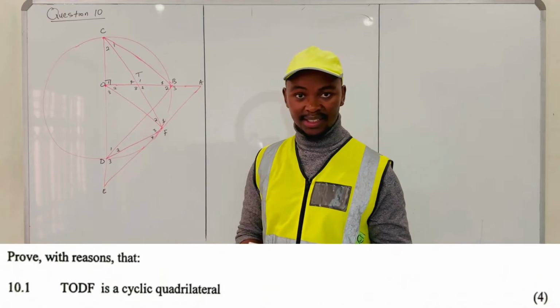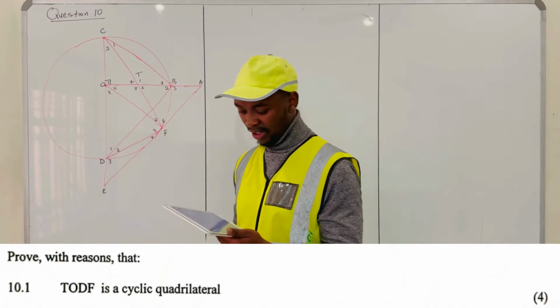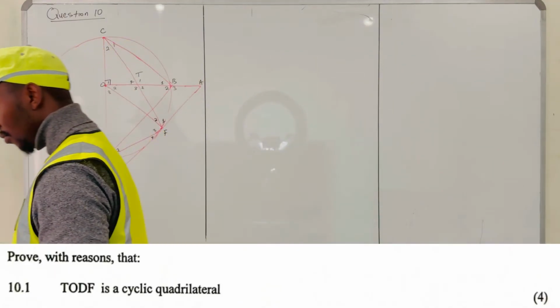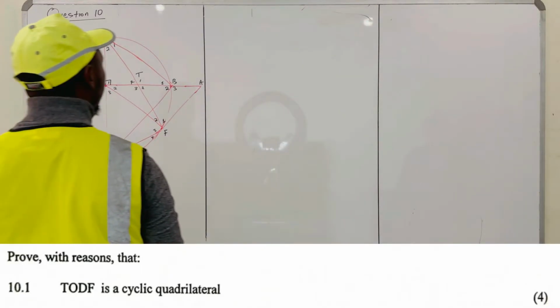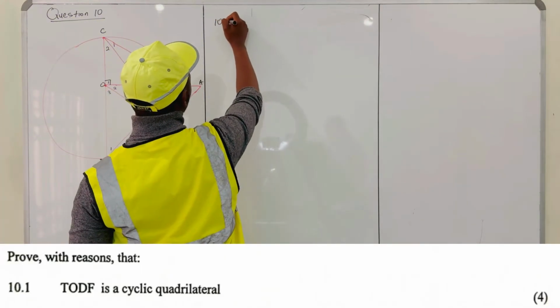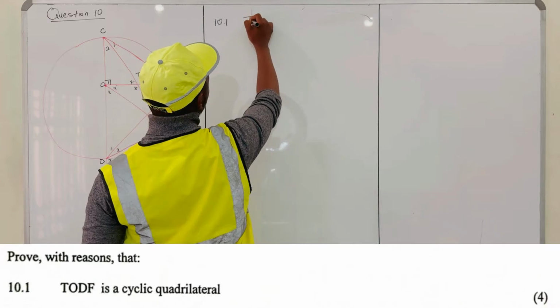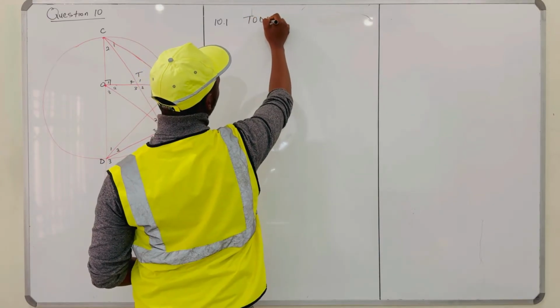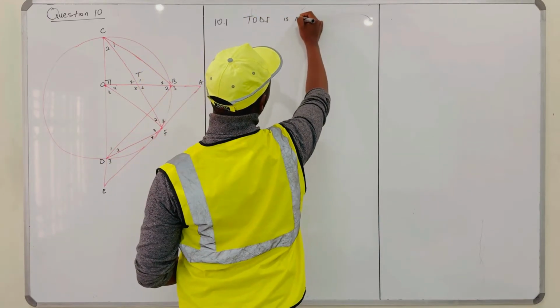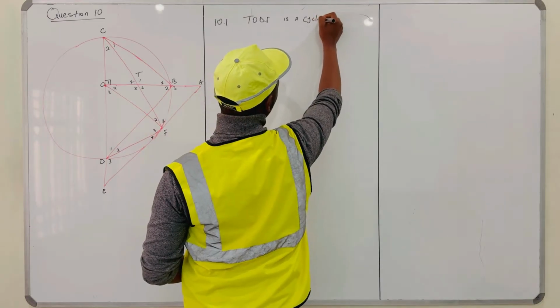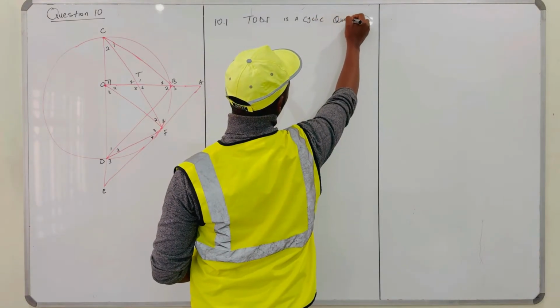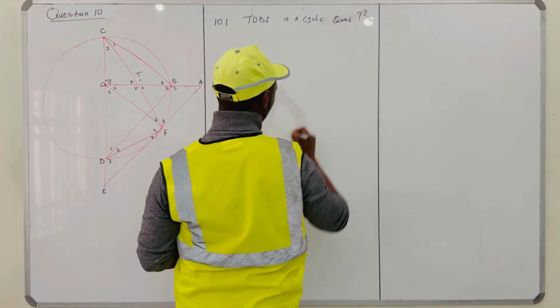TODF is a cyclic quadrilateral. That's the first question. Question 10.1. Prove that TODF is a cyclic quad. This is the question.